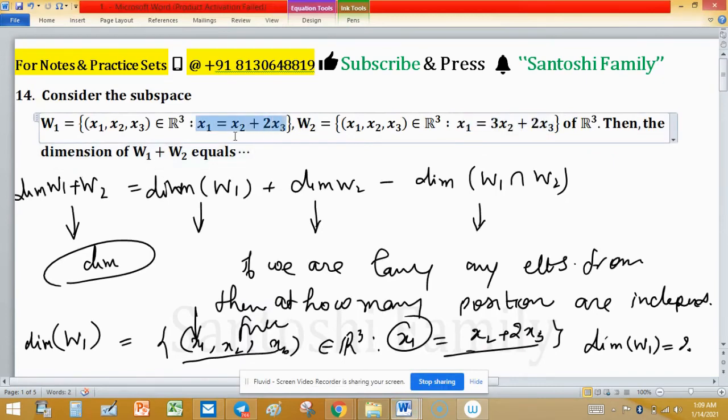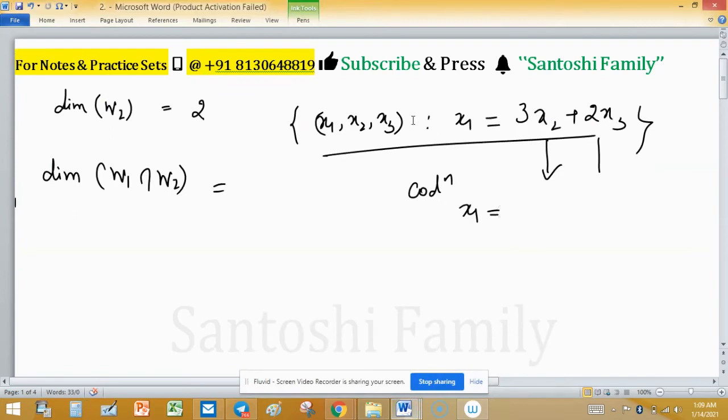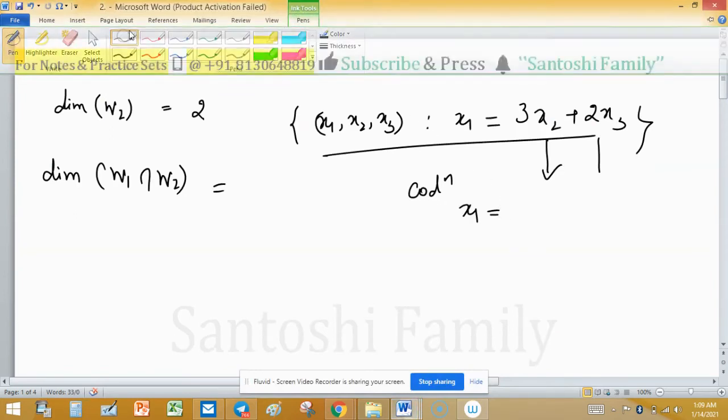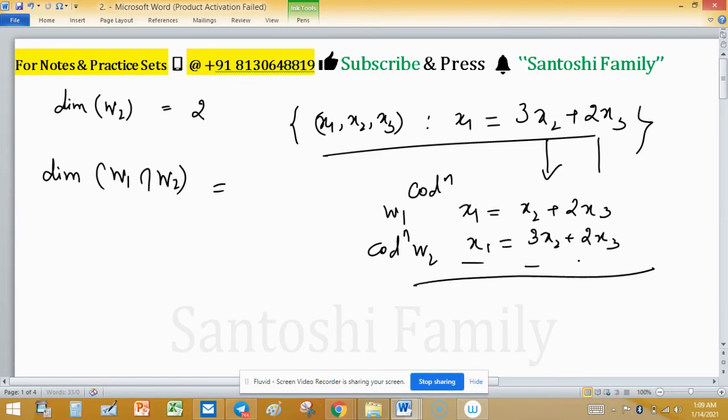First, x1 equal to x2 plus 2x3, and this is the condition for W2, x1 equal to 3x2 plus 2x3. If you subtract these two, then x1 cancels out and x3 also cancels out, so x2 equal to 0.